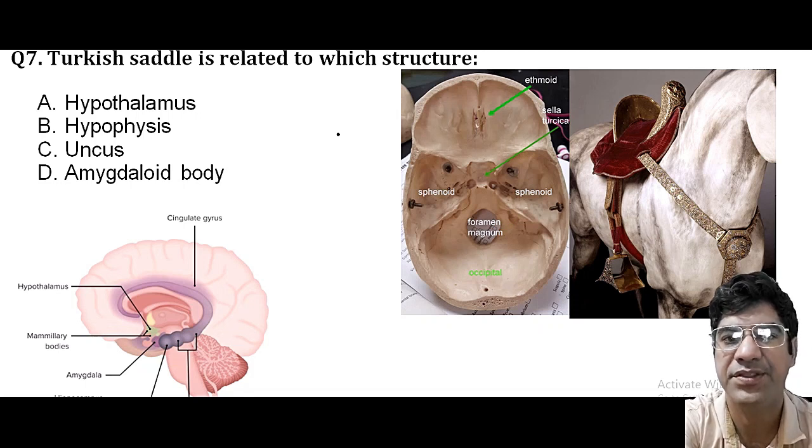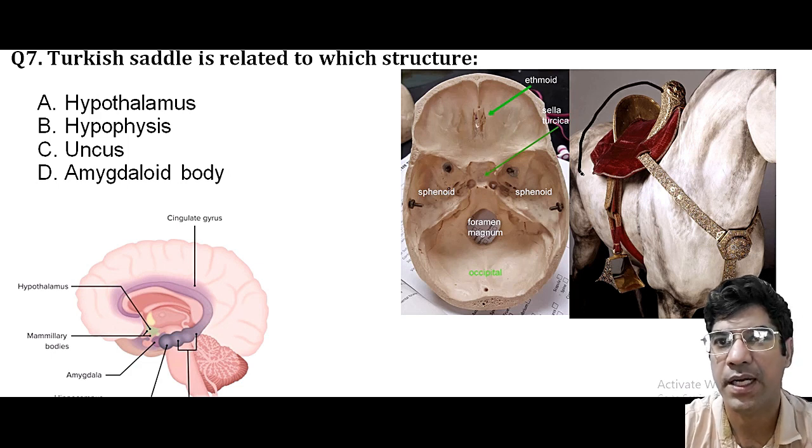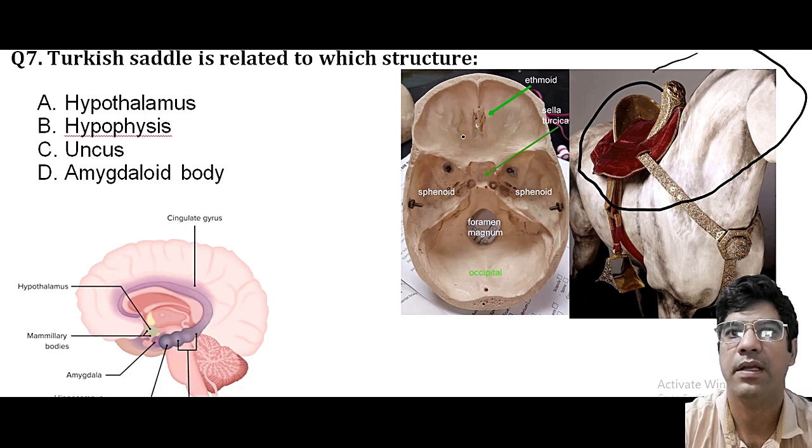Next question, Turkish saddle is related to which point? So this one is a Turkish saddle. It will resemble this structure, that is sella turcica.